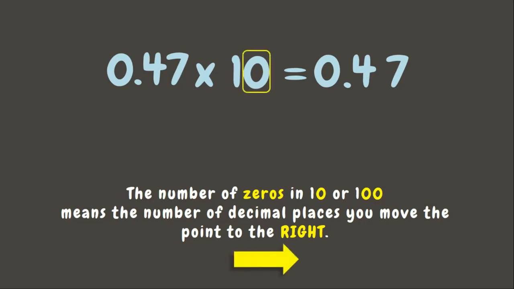Since 10 has 1 zero, we are going to move the decimal point 1 place to the right. 1. There. Let's just remove 0. Now our answer is 4.7 or 4 and 7 tenths.